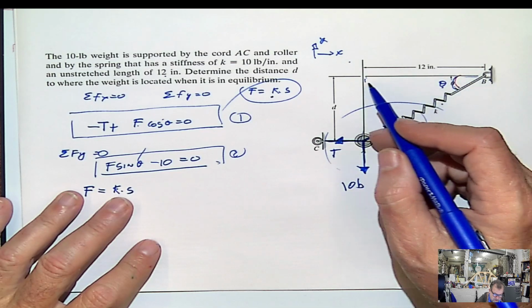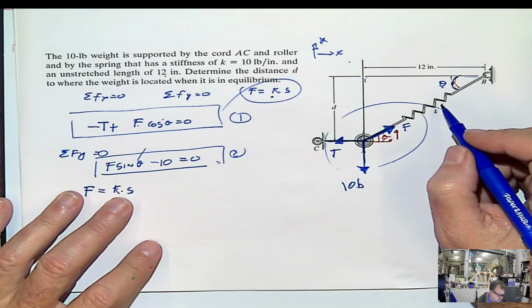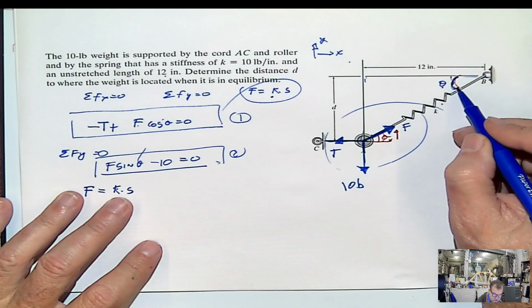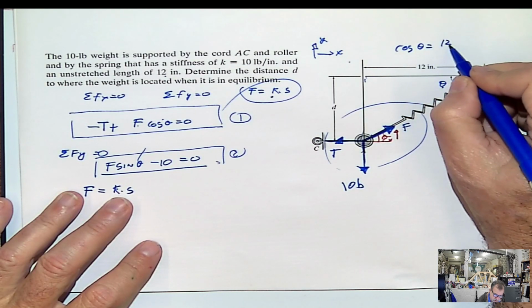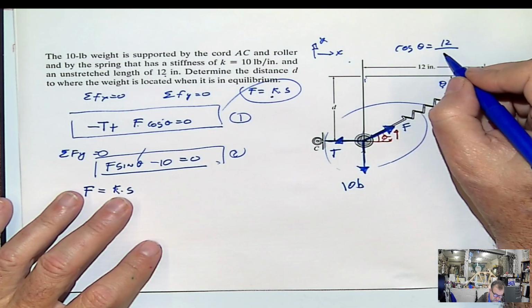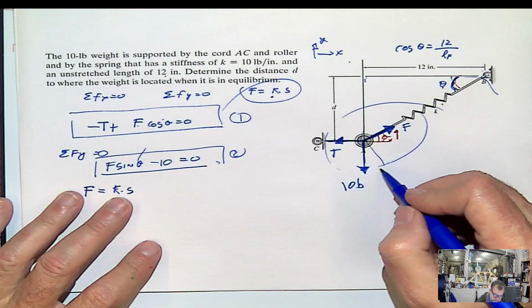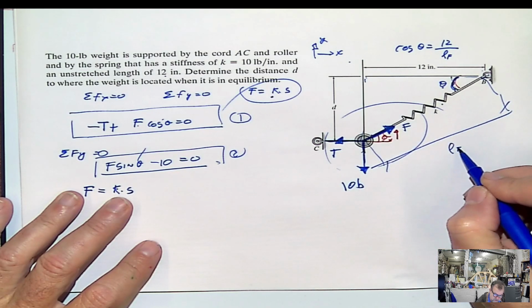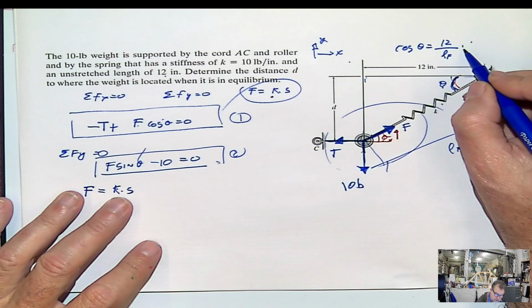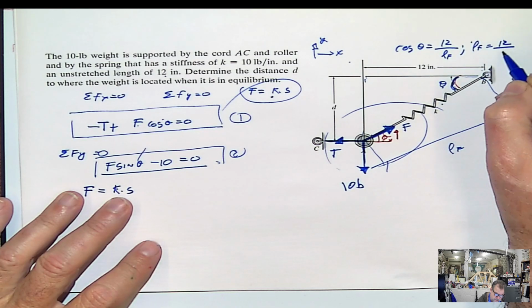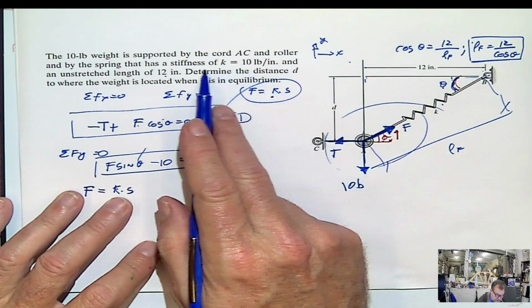If this is the angle and this is the final length here, let's say that I use cosine here, I can say that cosine theta is equal to adjacent divided by the final length, L. So I can calculate my final length as 12 divided by cosine theta. And my original length is 12 inches.